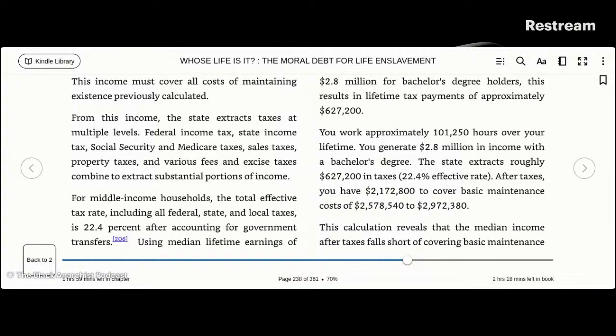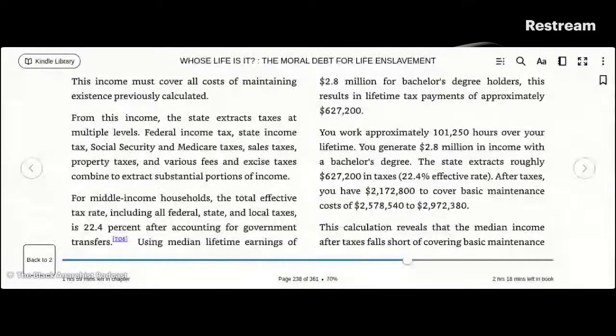You work approximately 101,250 hours over your lifetime. You generate 2.8 million in income with a bachelor's degree. The state extracts roughly 627,200 in taxes, 22.4% effective rate. After taxes, you have 2,172,800 to cover basic maintenance costs of 2,578 to 2,972.